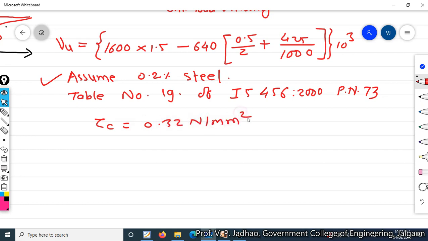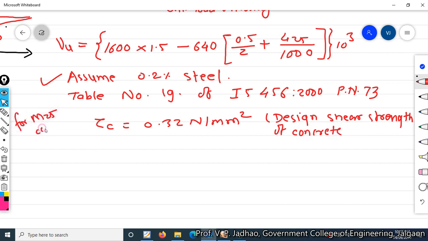This is the design shear strength of concrete for M25 concrete with 0.2% as the assumed percentage of steel.